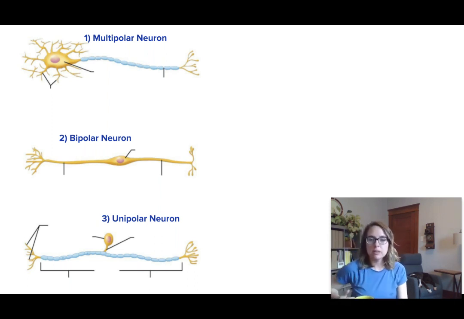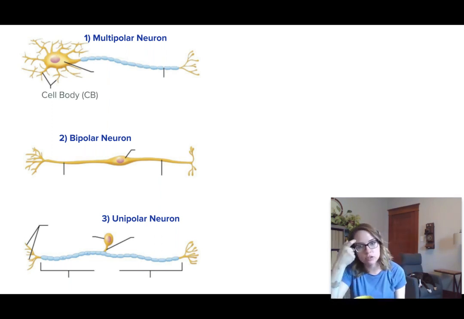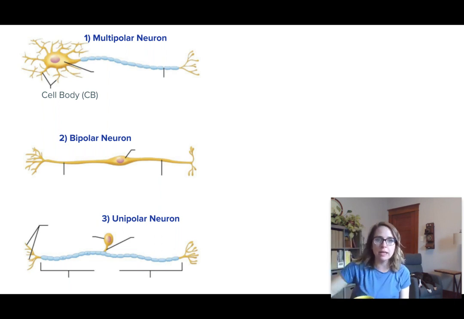So let's talk about what these structures are. We're going to basically label the cell body, the dendrites, and the axon on each of these and try to figure out where they are. To find the cell body, you look for the nucleus. And I think in all 3 of these, you might be able to really quickly figure out where that is, the little purple circle. So we got one here, we got one here, we got one here. To make your labeling easier and faster, you can write CB for the cell bodies.